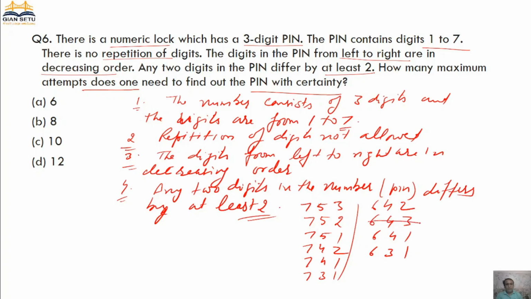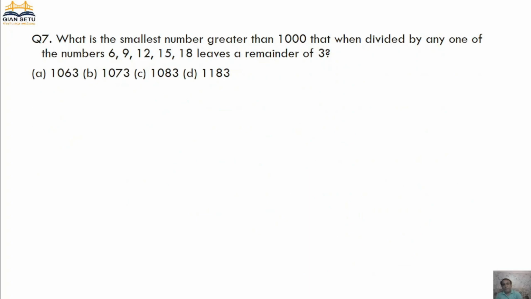No, this combination is not possible. Here we have a difference of 1 only. Okay. Now 6, 4, 1 possible, 6, 4, 2, 6, 3, 1, and 5, 3, 1. So how many numbers are these? 1, 2, 3, 4, 5, 6, 7, 8, 9, and 10. So the right answer is C here.